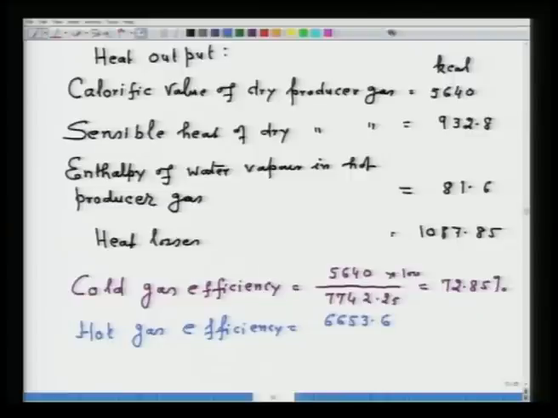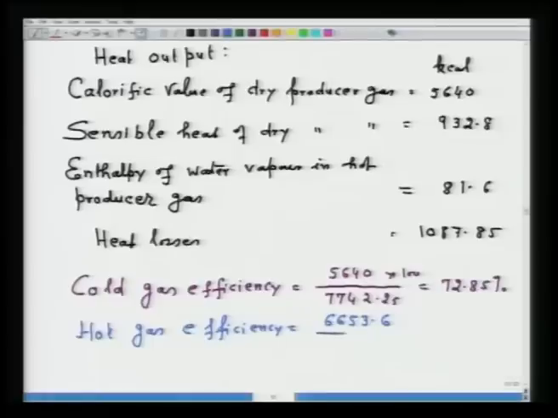You have to add the calorific value of dry producer gas and the sensible heat, everything you have to add, and divide by again the heat input, 7742.25, and of course multiply by 100. So that becomes equal to 85.9%.